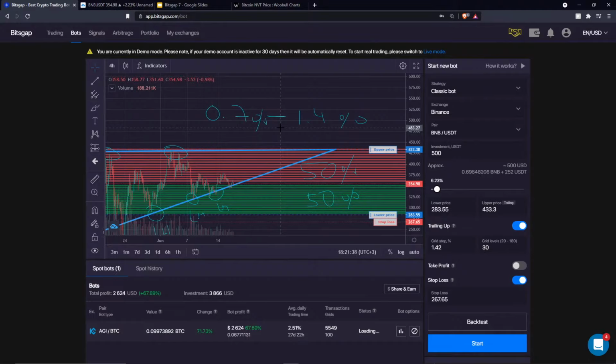It brings me around 30% per month for the SBOT, and it can actually bring me even more if I am trading the classic bot on a rising market. But that's from my experience, that this particular grid step range from 0.7 to 1.4% is a good range for me to have approximately 30% per month.